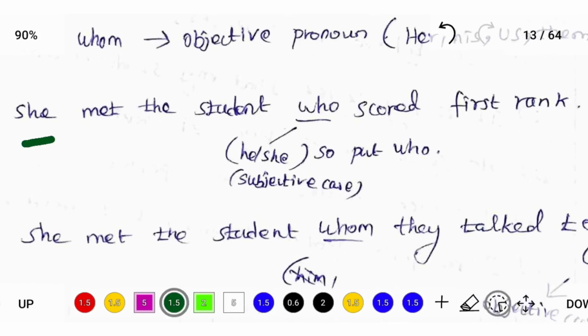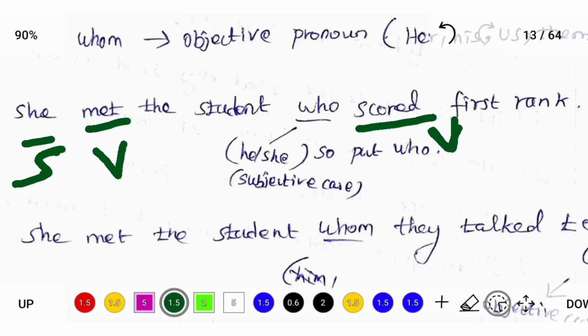She, subject. She met the student who scored first rank. She is the subject. Met, verb. Same as scored, verb. To identify how many subjects and how many verbs are present in a sentence: in this sentence, there is one subject and two verbs.